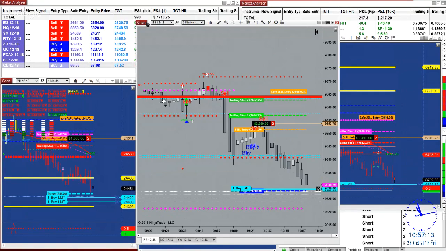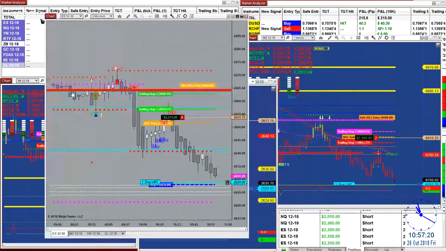You can see how this YM is hitting the target and staying on the target, and you can see what is our log in and finished with those trades.